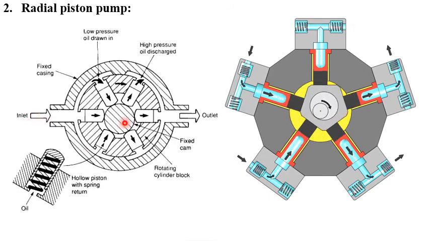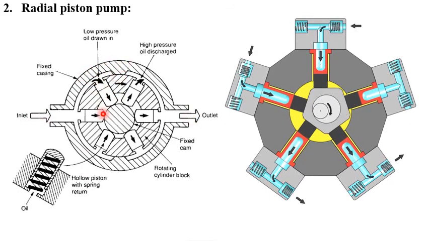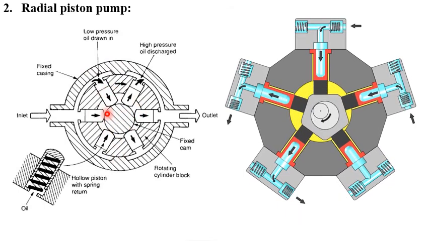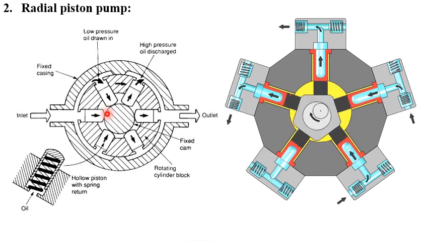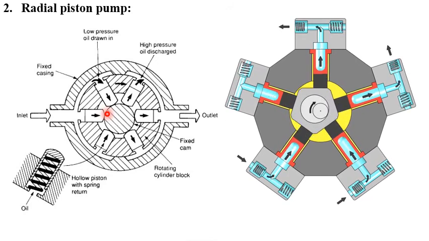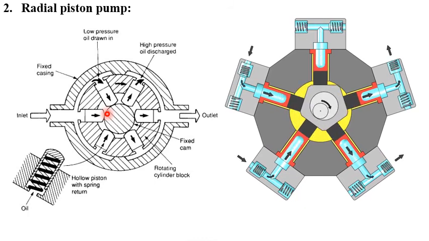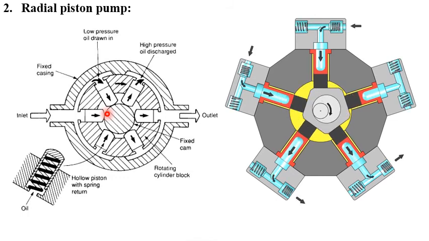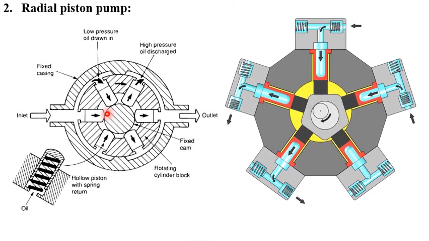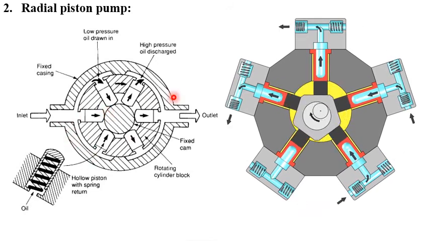Inlet and outlet, this is the casing, outer ring and inner rotor. In the second case, in the rotating cylinder block radial piston pump, the cylinder block is connected to the driving shaft. The outer ring may be either fixed or rotating with the cylinder block. The pistons confined by the thrust ring reciprocate in the slots provided in the cylinder block, causing pumping action.